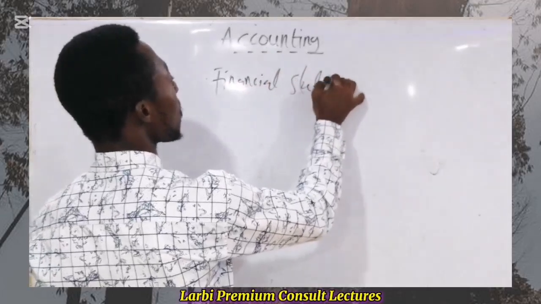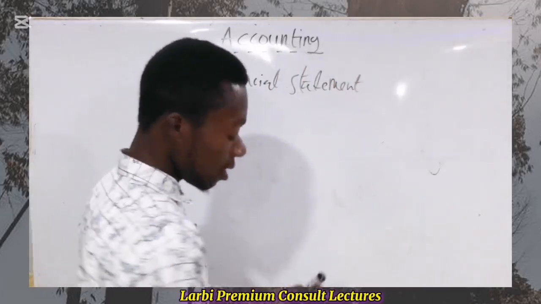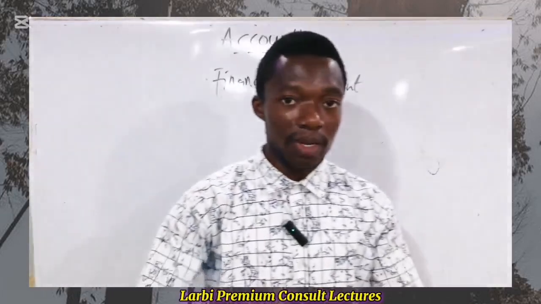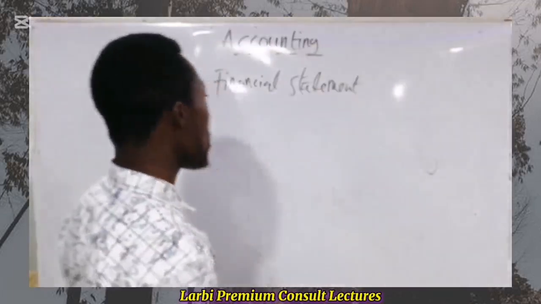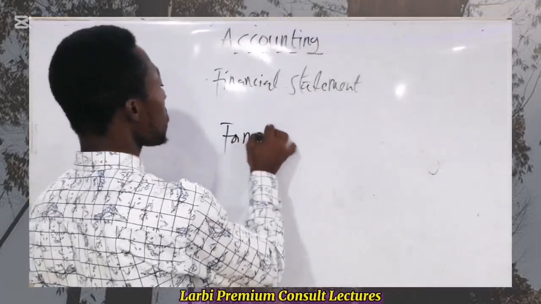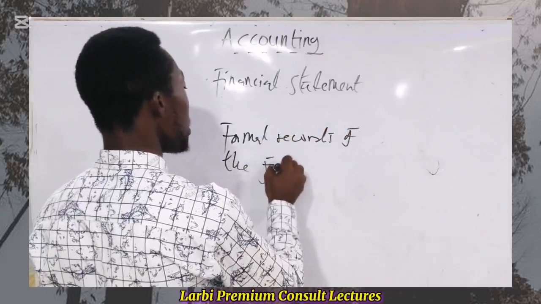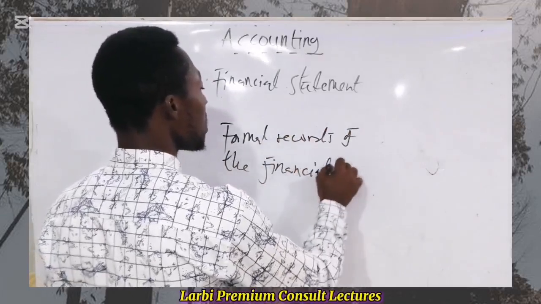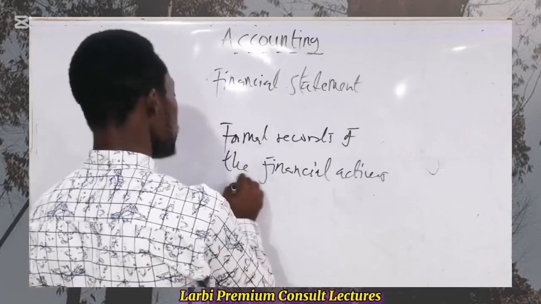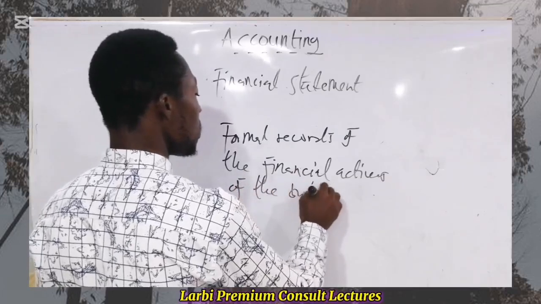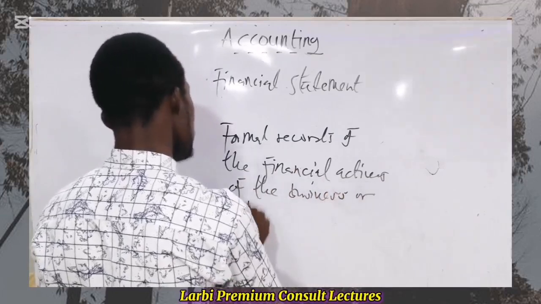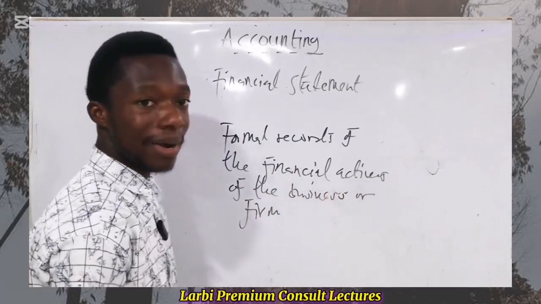Financial statements. When we say financial statements, in simple language, financial statements have to do with the formal records of the financial activities of the business, firm, entity or person over a period of time.